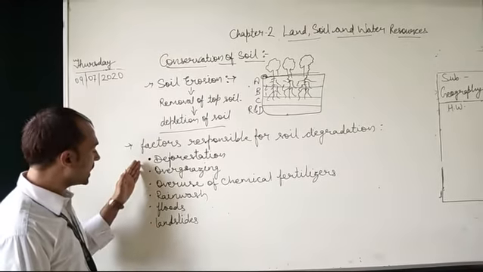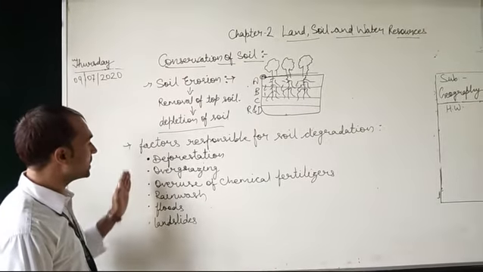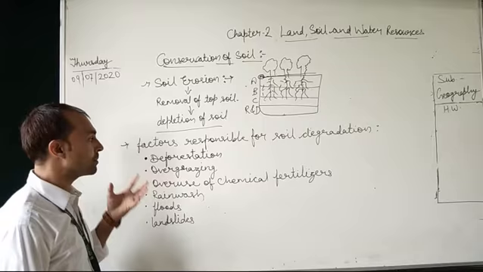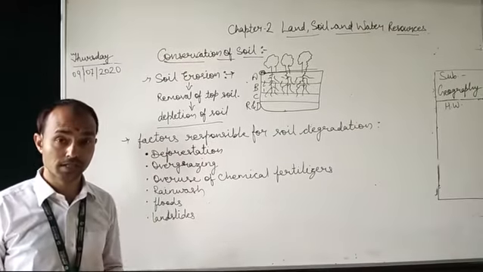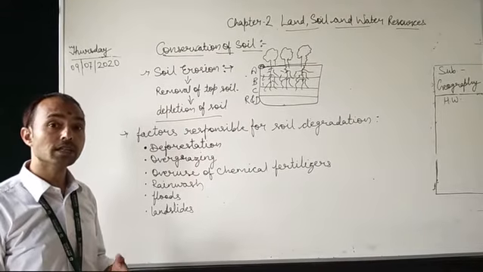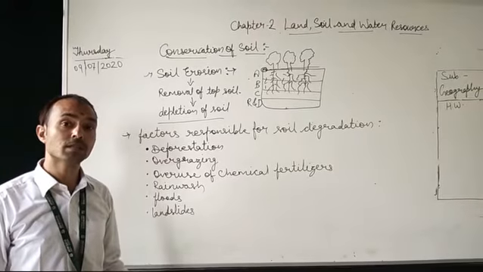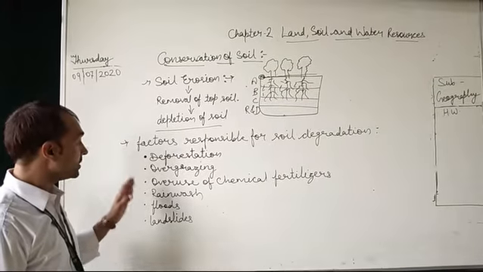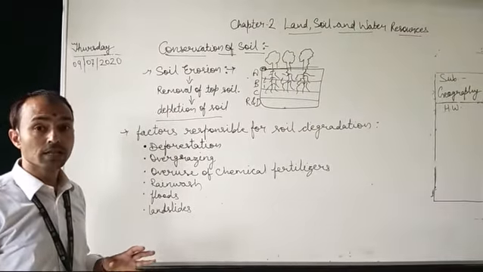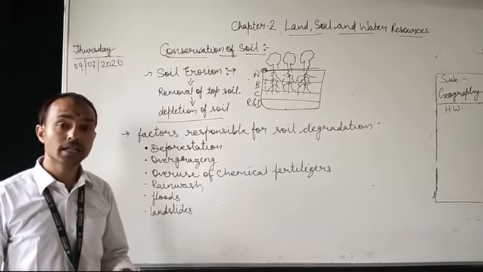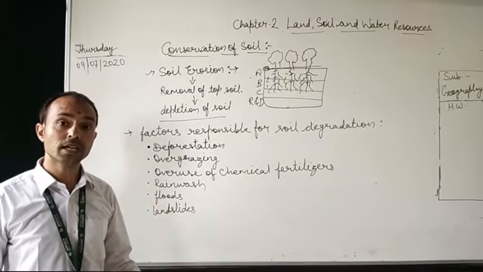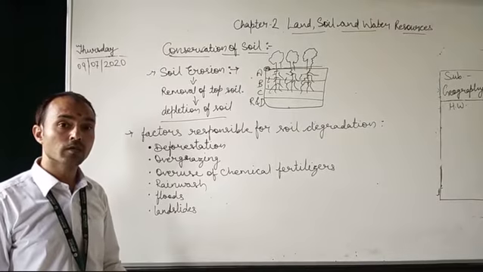Some of the factors which are mainly responsible are these. Deforestation, that is the problem of cutting a large number of trees. Then overgrazing, because there are large areas of land where overgrazing happens.